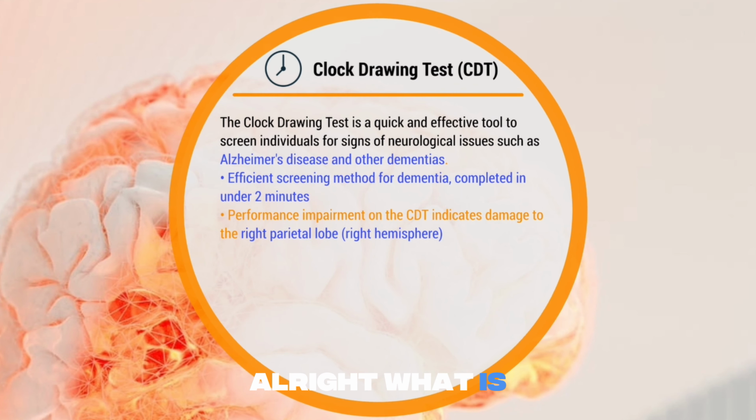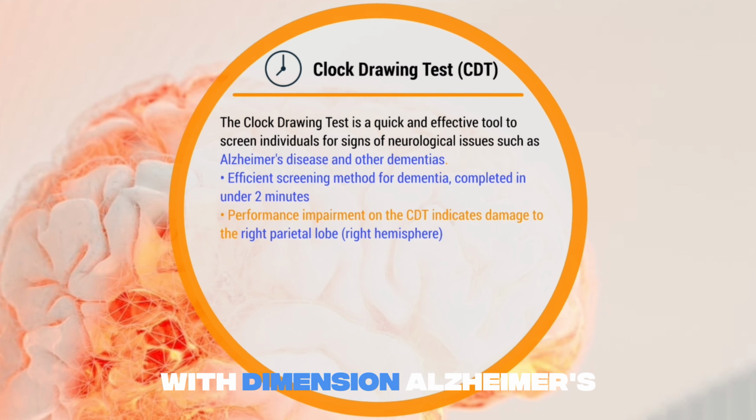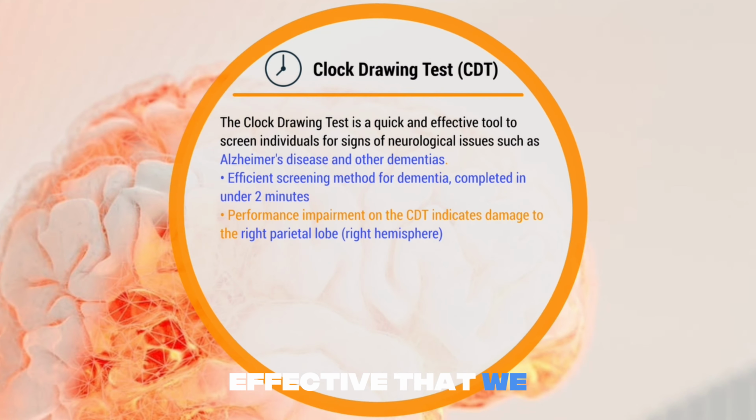All right, what is it? Well, it's simple. The clock drawing test is a quick and effective tool to screen individuals for signs of a neurological issue. We're screening those with dementia, Alzheimer's, right? It's so effective that we use it in practice often. It can be done in under 2 minutes.